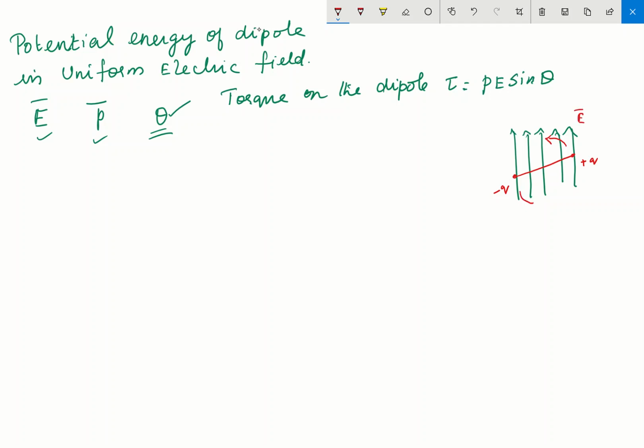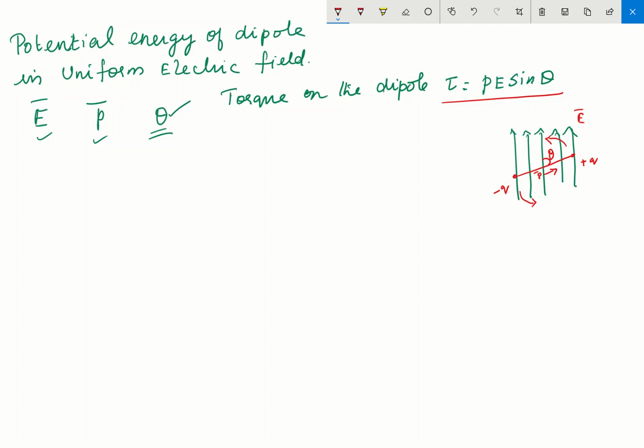Initially the dipole is kept at an angle theta, and P is in this direction. The angle between P and E is theta. So it experiences a torque P E sine theta, which tends to align the dipole in the direction of the electric field, right?